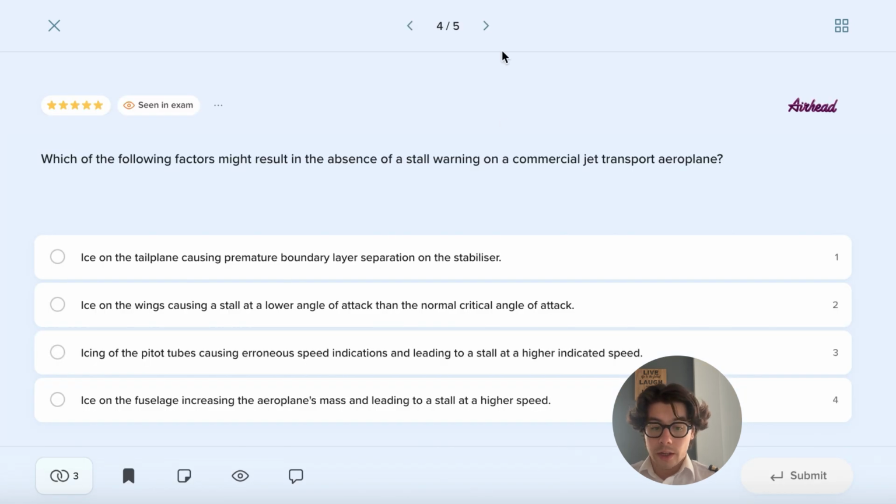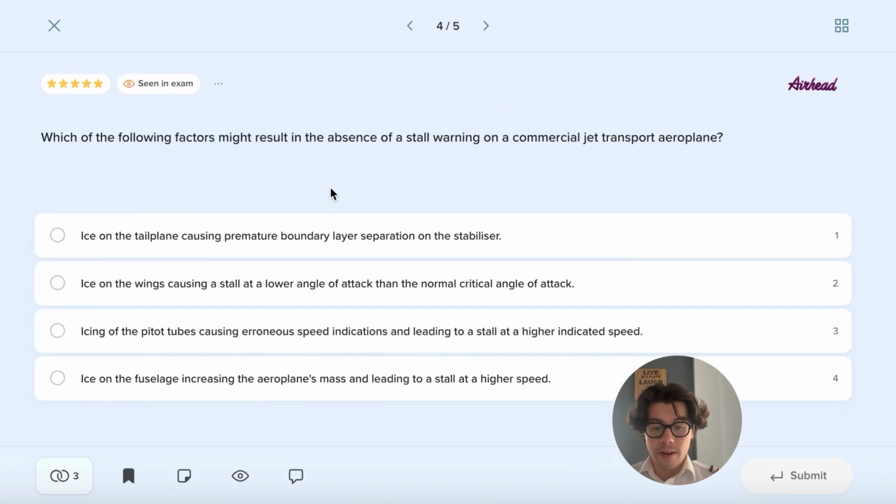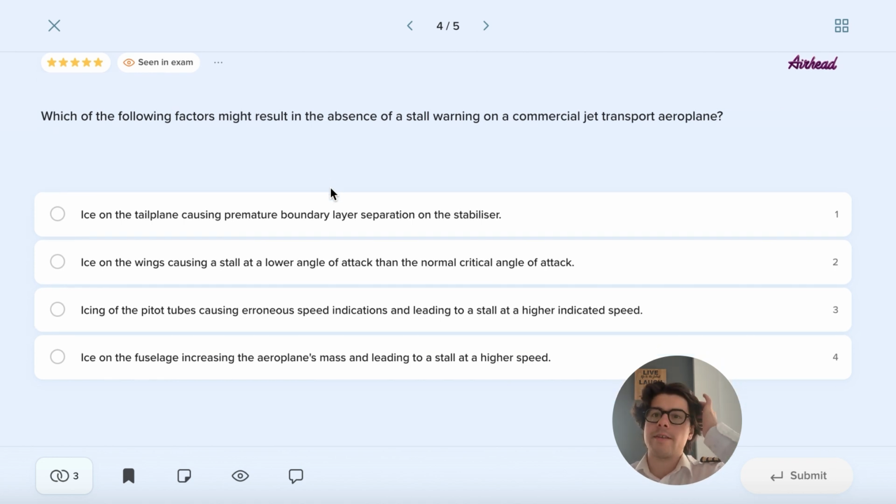Which of the following factors might result in the absence of stall warning on a commercial jet transport airplane? So, of course, we know that in case of ice, as this question is asking us, ice has many adverse effects on flight, and ice can affect greatly the performance and, of course, the stalling speeds. So, first of all, the accumulation of ice can increase our mass.